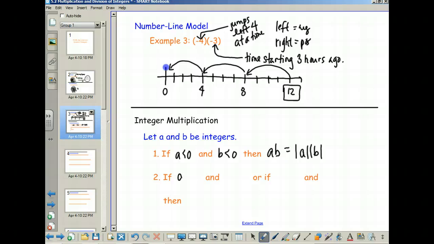The other option is that either A is negative and B is positive, or A is positive and B is negative. In other words, what happens when I multiply a negative number and a positive number together? I still have the absolute value of A and the absolute value of B multiplied, but it is negative because one of my numbers was a negative number.